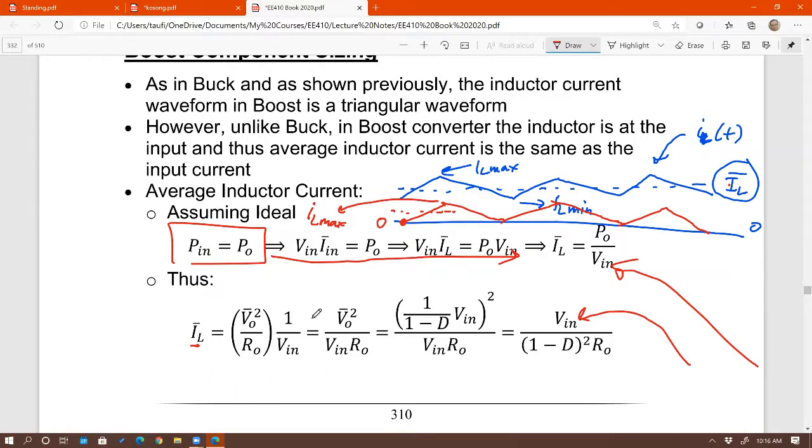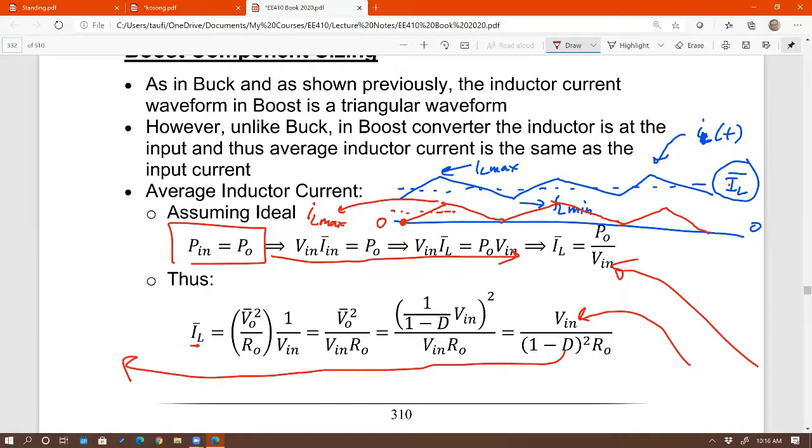Because we just changed the equations to get the same thing. And don't forget that if this has to be a max, that D has to be D min, right? And what is D min?